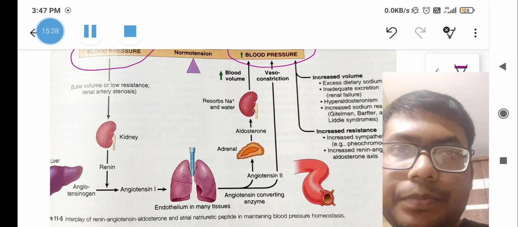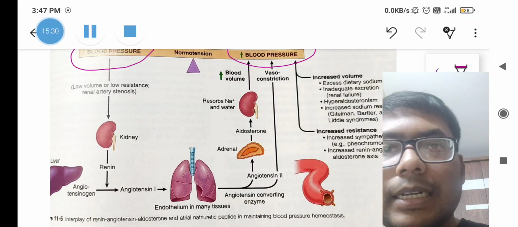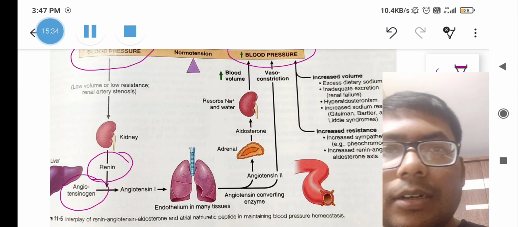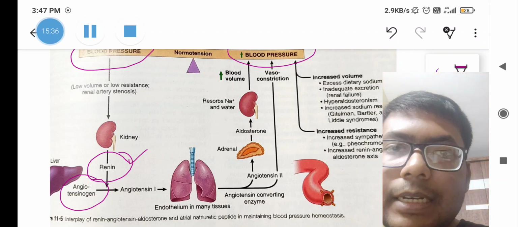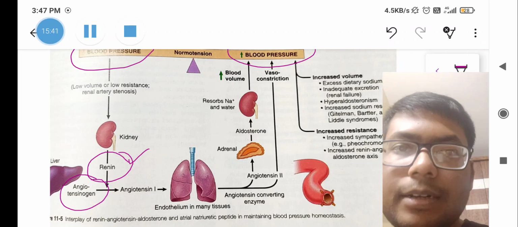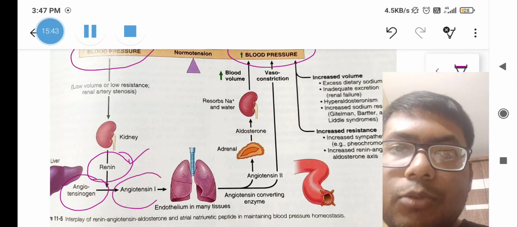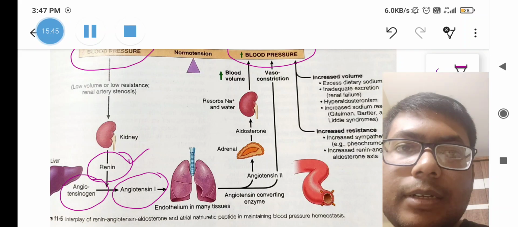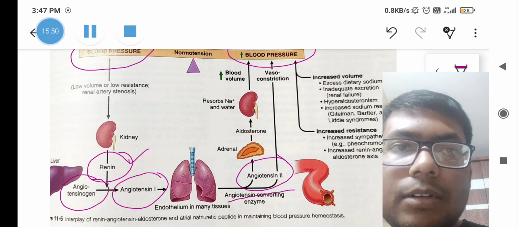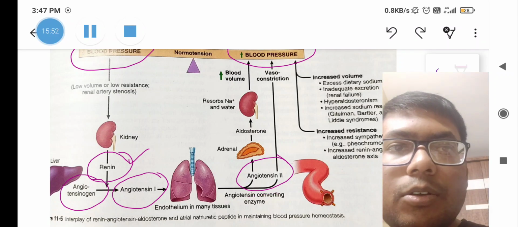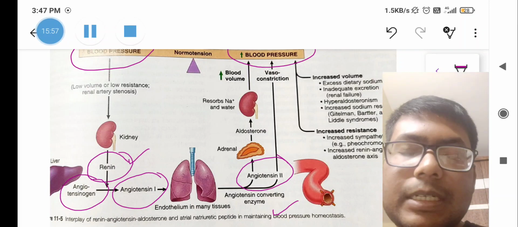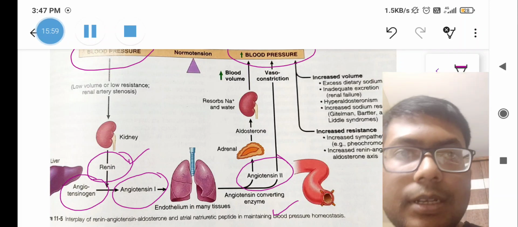And when there is a decrease in blood pressure, there is release of renin from our kidney, and this renin acts on angiotensinogen from the liver, which is converted into angiotensin 1 by the renin, and angiotensin 1 is converted to angiotensin 2 by the angiotensin converting enzyme, ACE, which is present in the endothelium of the lungs.